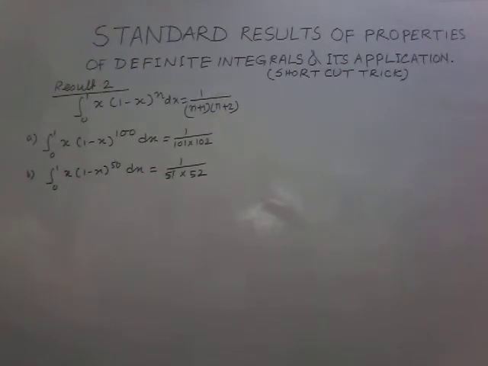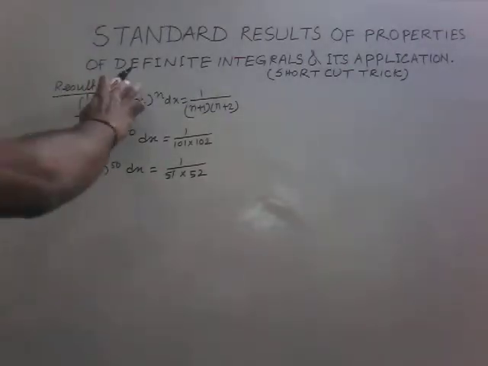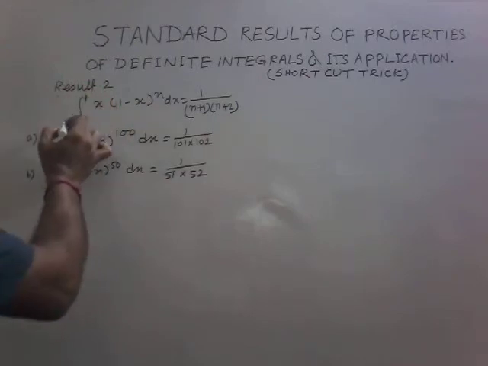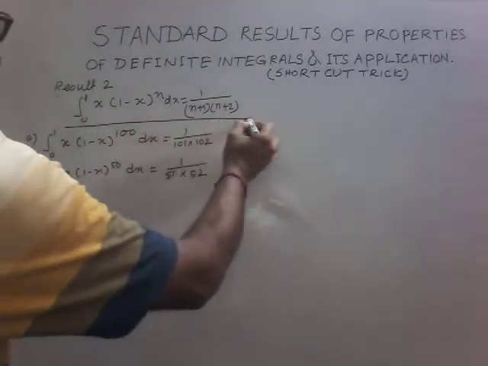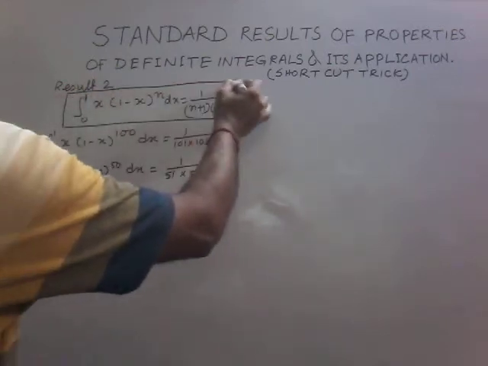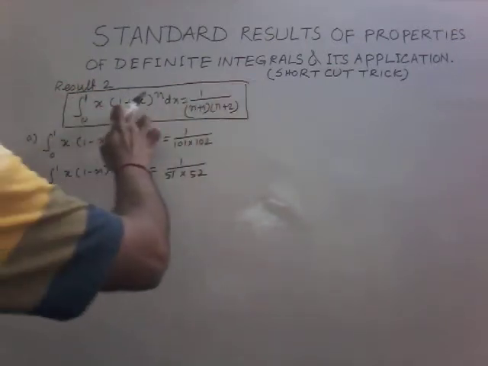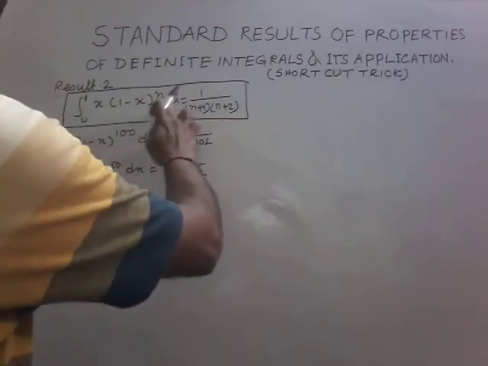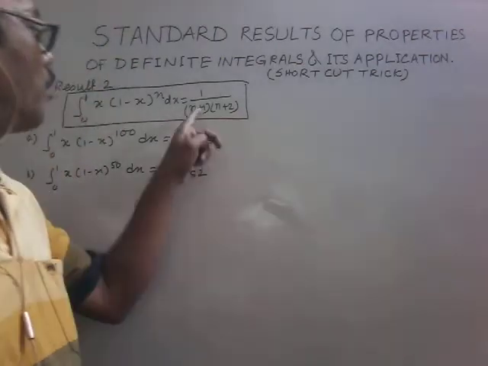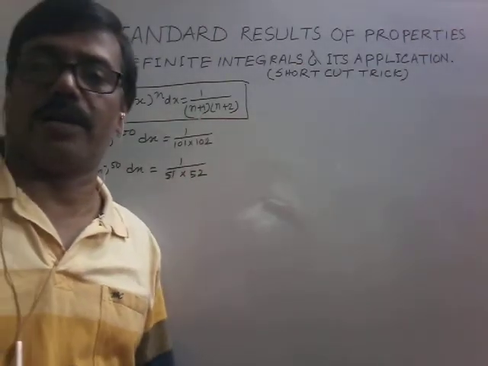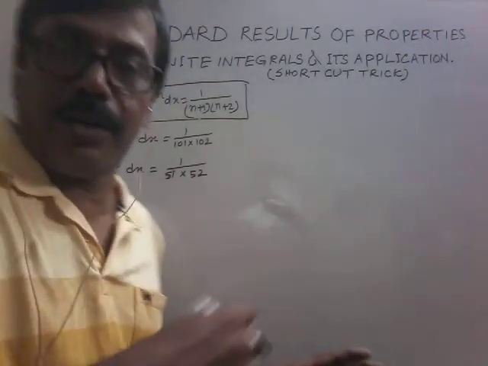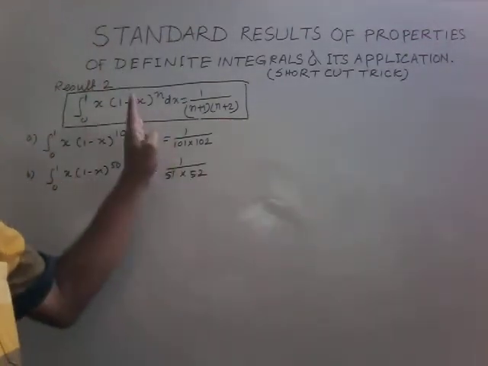Next, look, this is also a well-known standard result. Integration 0 to 1 of x into 1 minus x whole to the power n dx equals 1 by n plus 1 into n plus 2. I am saying repeatedly, you must prove the result.